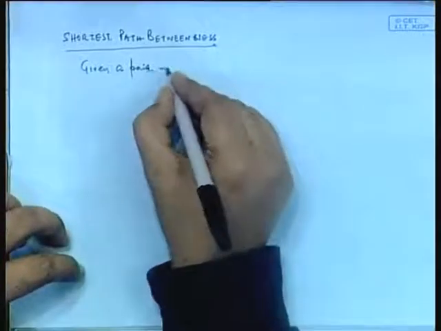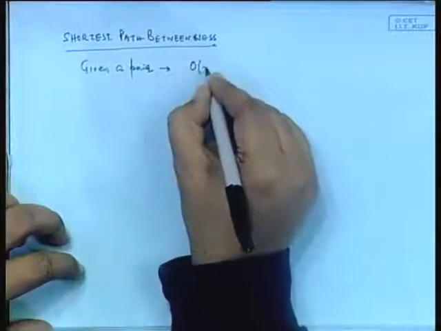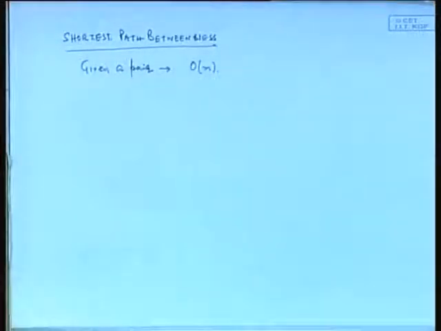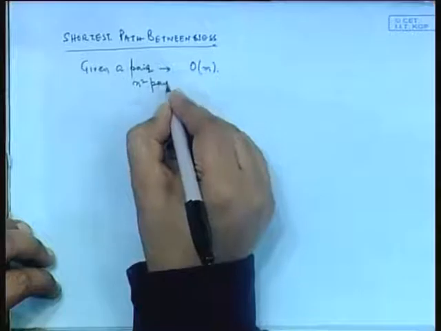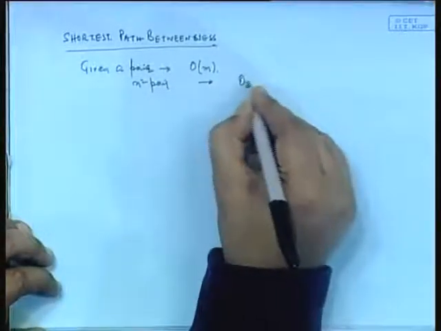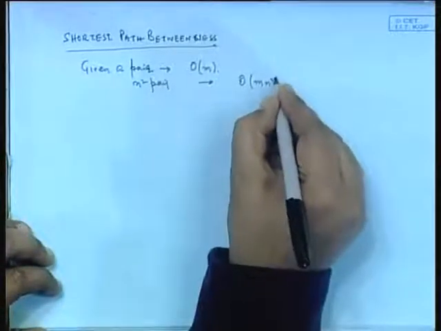So, given a pair, it will be order m. The complexity is bound by the number of edges. There are n square pairs, so the total complexity will be order m n square.